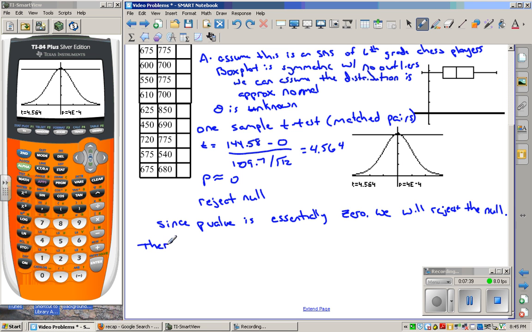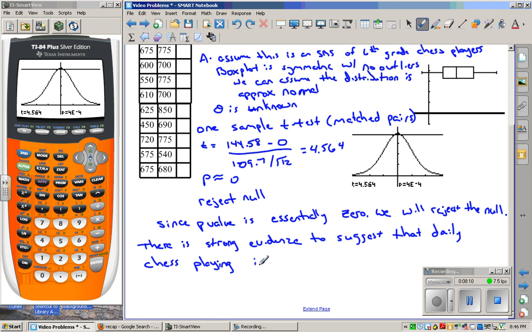There is strong evidence to suggest that daily chess lessons, daily chess playing, improves memory.